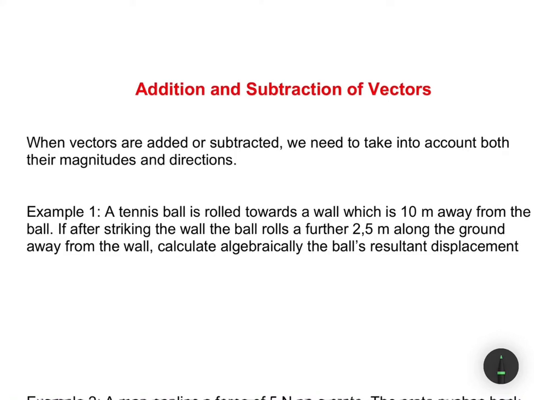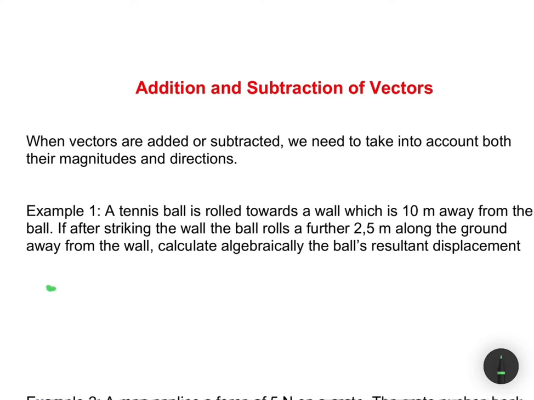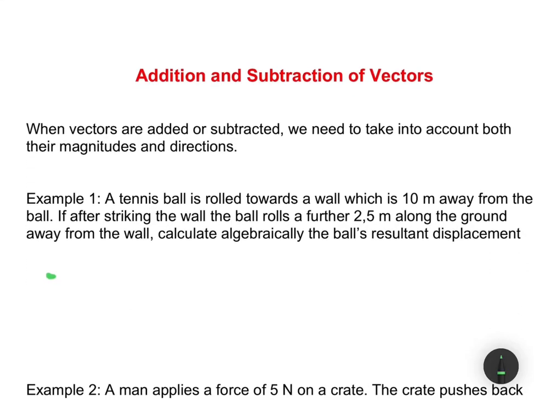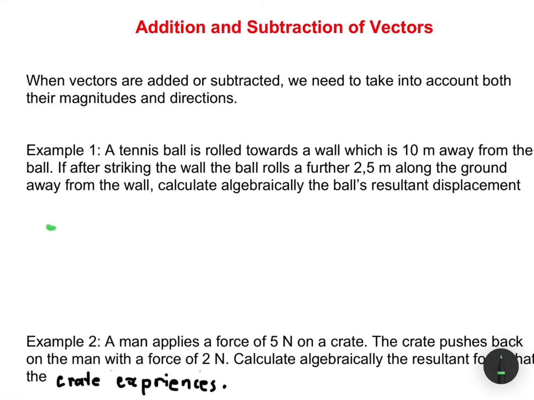So let's say this is our starting point. And then we have a ball that is rolling towards a wall which is 10 meters away. So let's have a vector. Let's say that this is 2, 4, 6, 8, 10.